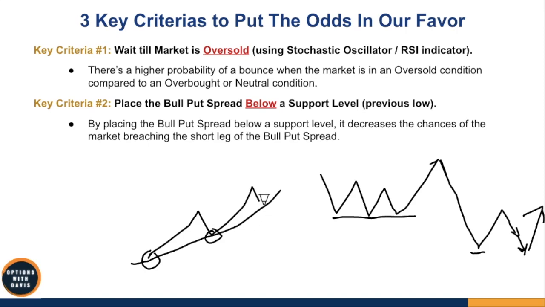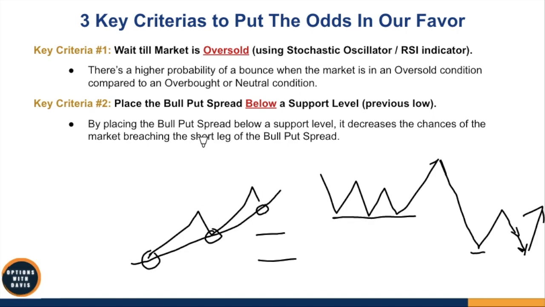Then this moving average at this point down here can also be considered a dynamic support level, where you can choose to place your bull put spread. You can choose to put the short strike of the bull put spread below this moving average. So this can also serve as a support level. So you have one where it is by price, the other is by the moving average.